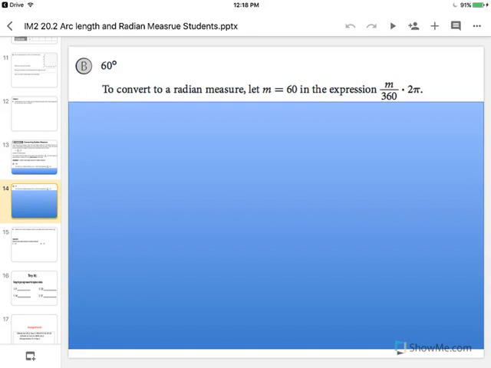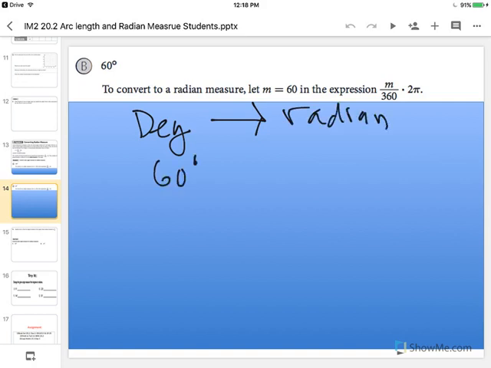Right, now we want to convert 60 degrees from degree to radian. Right, so this is degree. We want to change it to radian. So we can do 60 degrees over 360 times 2 times pi. Right?